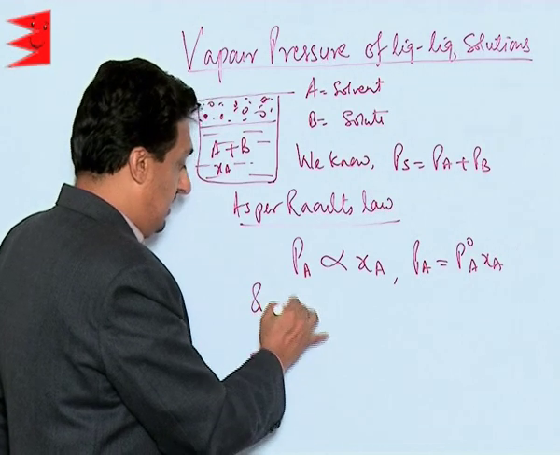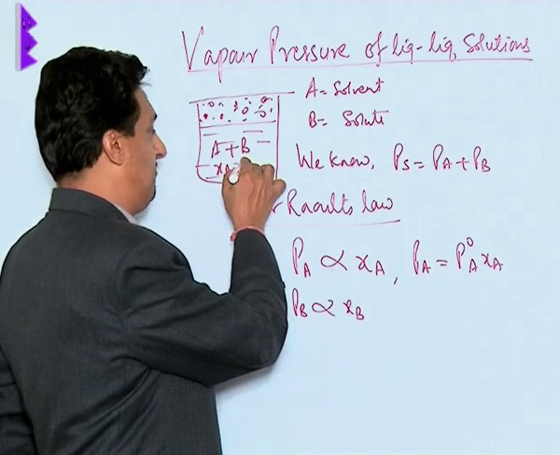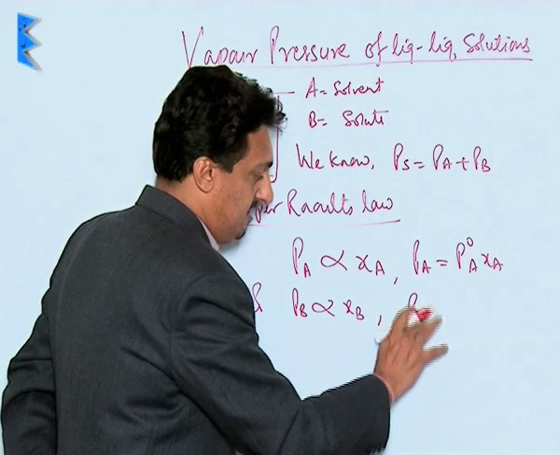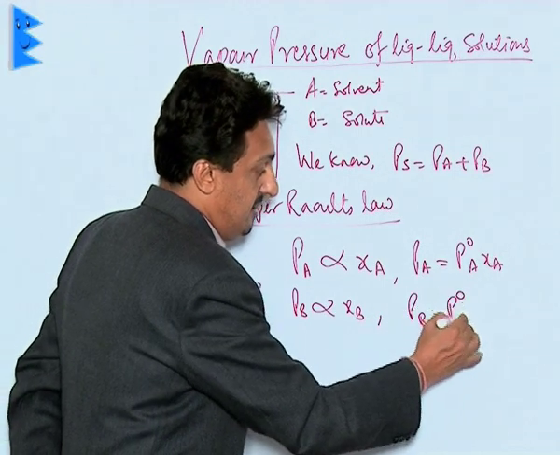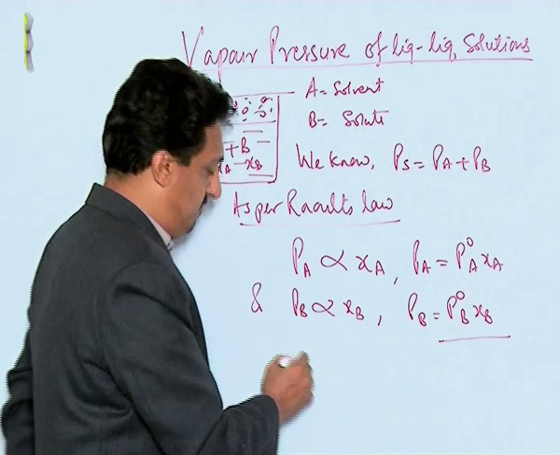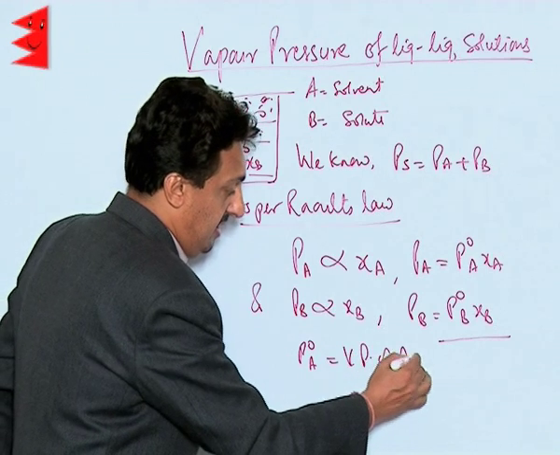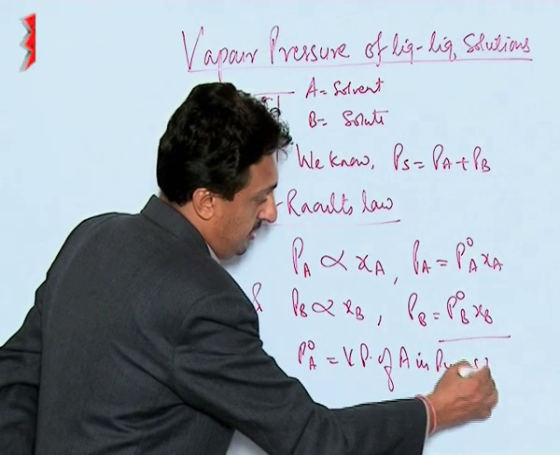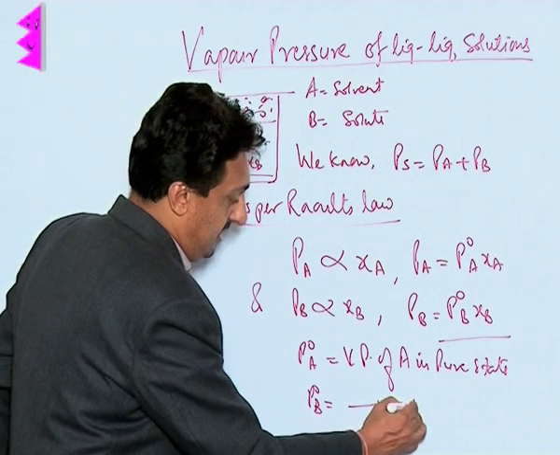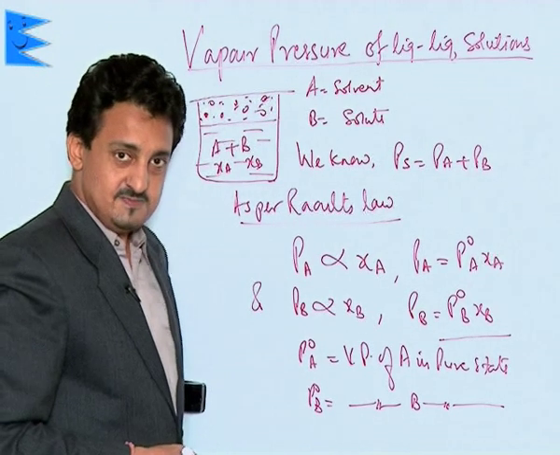Similarly, the partial pressure of B is proportional to the mole fraction of B in the solution, so PB equals P naught B XB. P naught B is the vapor pressure of B in the pure state.